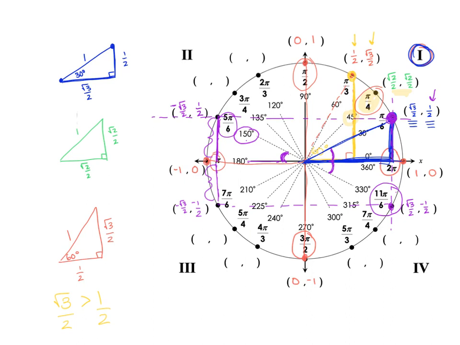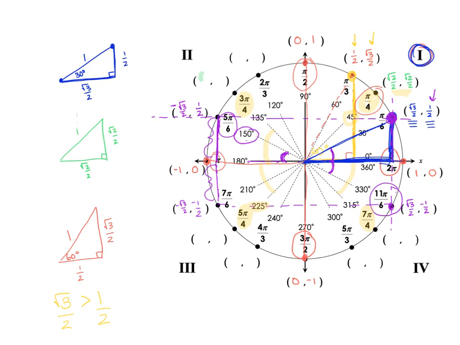So those values are 3 pi over 4, that has a reference angle of pi over 4, 5 pi over 4, which also has a reference angle of pi over 4, and 7 pi over 4, which also has a reference angle of pi over 4. So I can take this square root of 2 over 2, and those are my coordinates. I just have to think about what's positive and what's negative.